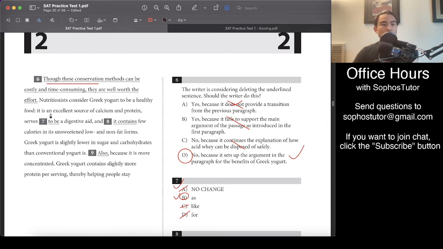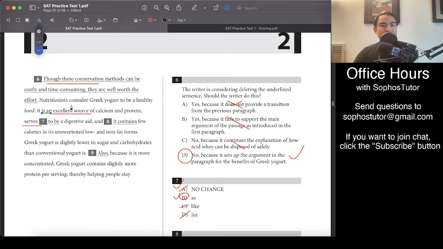So it is, one, an excellent source of calcium and protein. Oh, hold on a second, "serves." Notice how this second part establishes what type of list this is. In this case, it's actually a list of verb phrases. So the start of the first phrase isn't an exclusive source, it actually is.